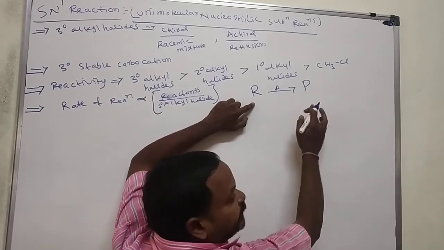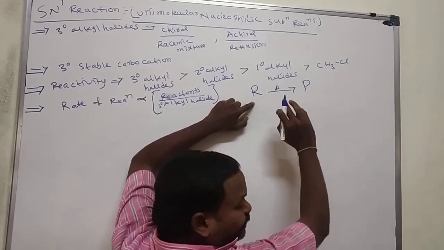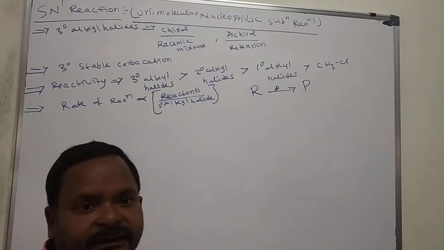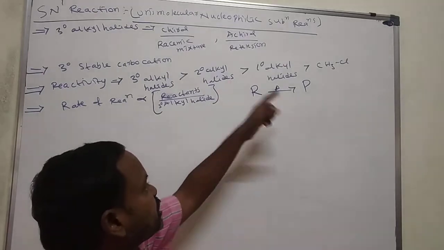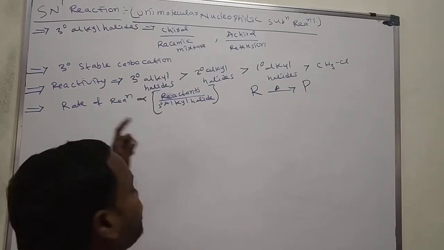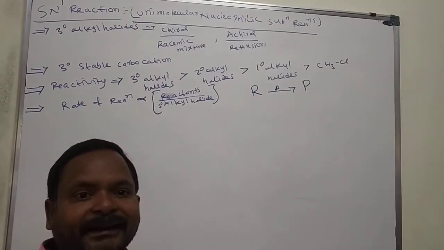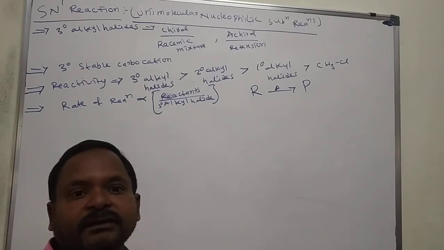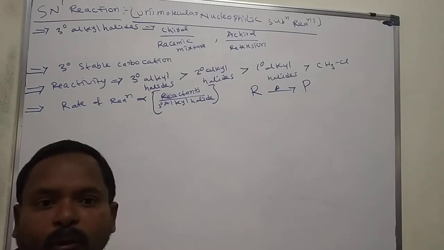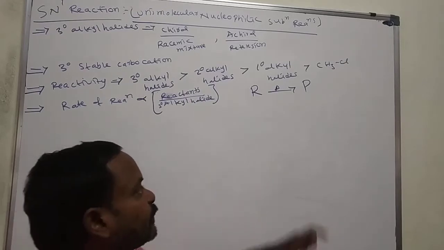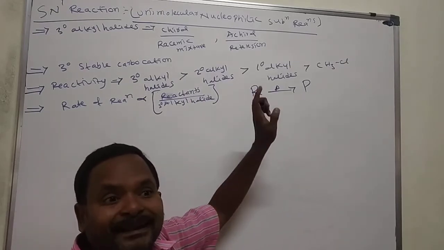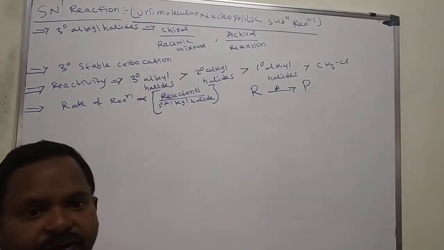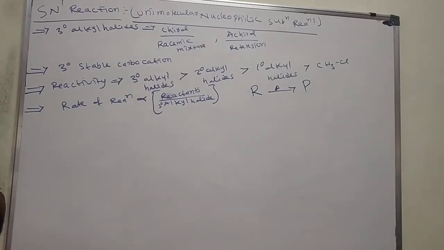One more definition: the increase in the concentration of the products with changing time we call the rate of the reaction. The decrease in the concentration of reactants, or the increase in the concentration of the products, by changing time, we call the rate of the reaction.